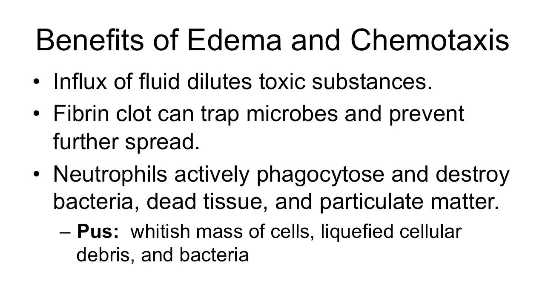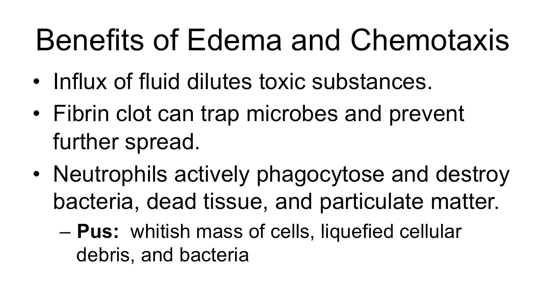You're going to allow the inflow of fluid that is going to dilute some of those toxic substances created by the microorganisms in the area of infection. You're going to be able to get fibrin to clog the area and trap the microbes and prevent them from spreading to other anatomical areas of the body. Neutrophils and macrophages are going to be able to get out of the blood vessels by diapedesis and begin to phagocytose and destroy the bacteria, be able to repair that tissue and pick up the particles that are all over the place, and then eventually the macrophages are able to fix and repair the area.